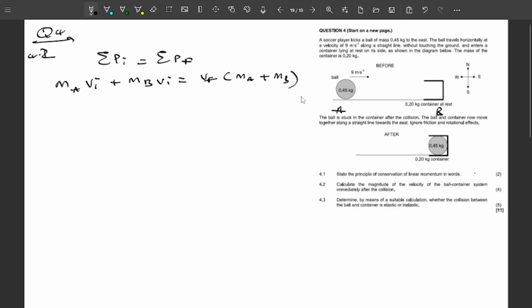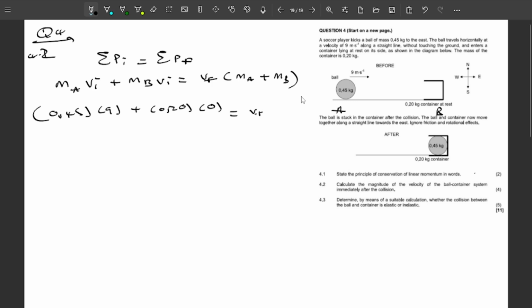The mass of the ball is 0.45. Its velocity was 9. And the mass of B is 0.20, and it was stationary, at rest.